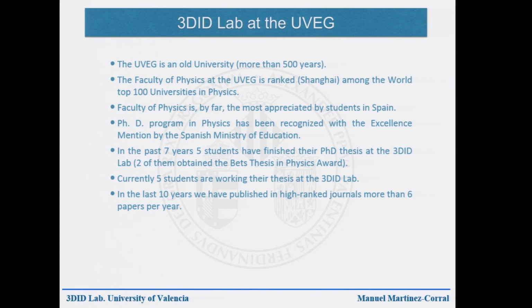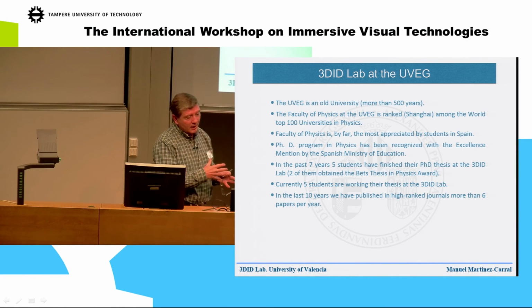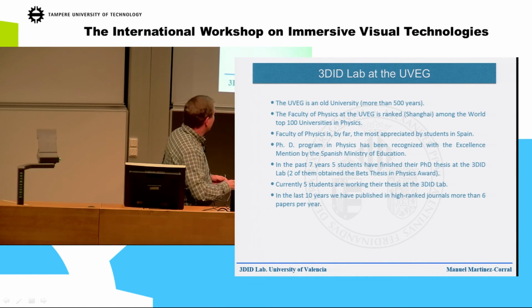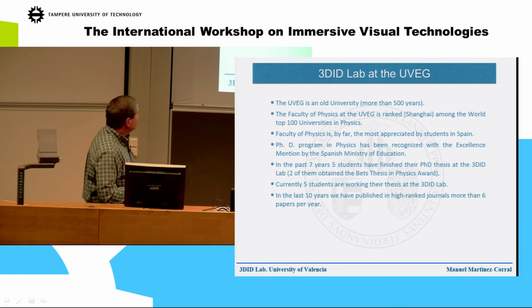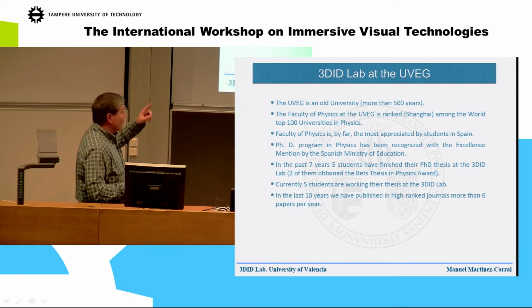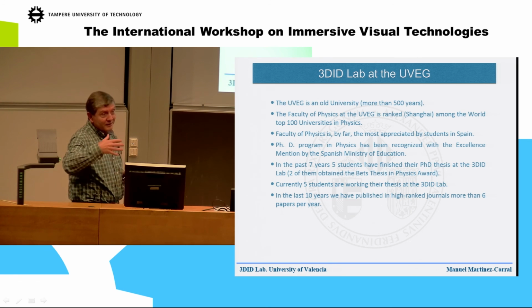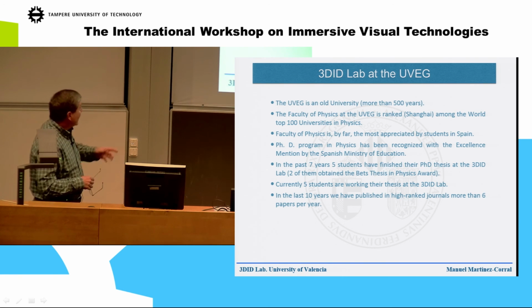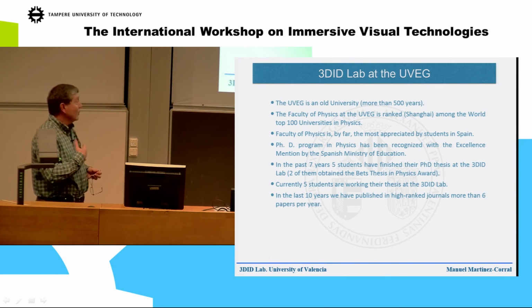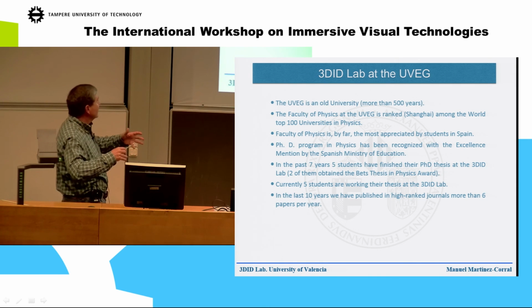In fact, our faculty is very famous in Spain, so we receive students from everywhere in Spain because we are famous. There is also a ranking in Spain, and we are number 1 in Spain. And the PhD program in which these candidates will be enrolled has been recognized by our Ministry of Education with the Excellence Mention.